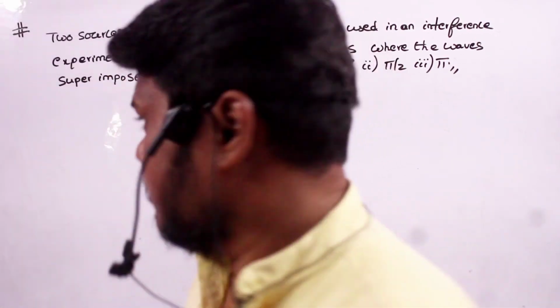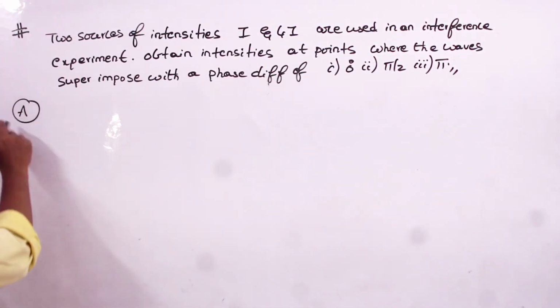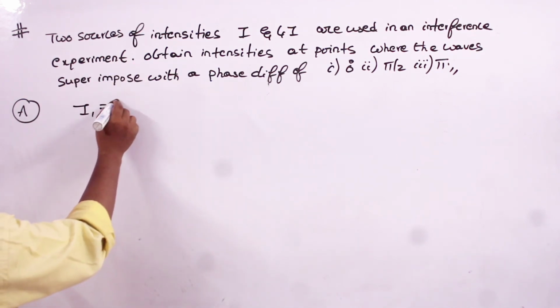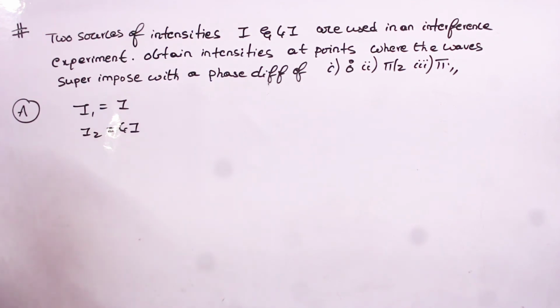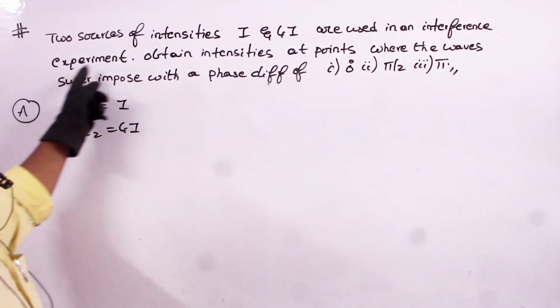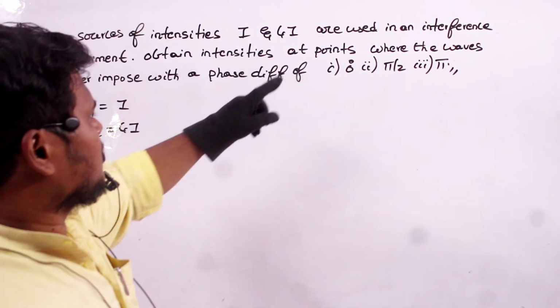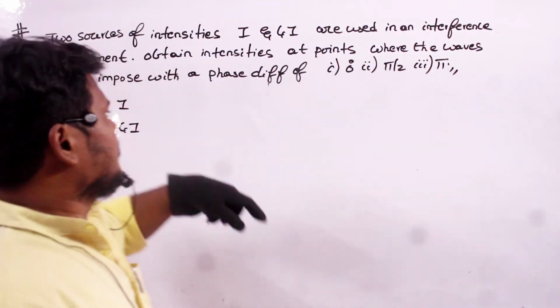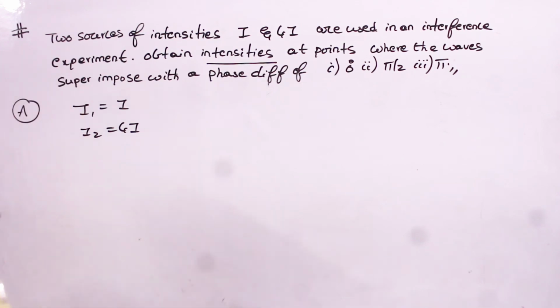Okay. So see this problem. Two sources of intensities I and 4I. It means I1 value is I, I2 value is 4I. So they are used in an interference experiment. Obtain intensities at points where there is a phase difference of 0, pi/2 and pi. So obtain intensities means the resultant intensity only he is asking.